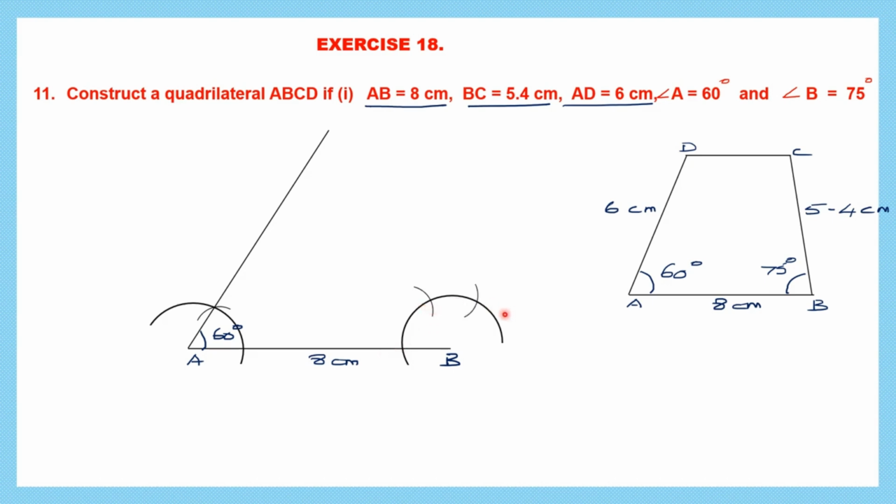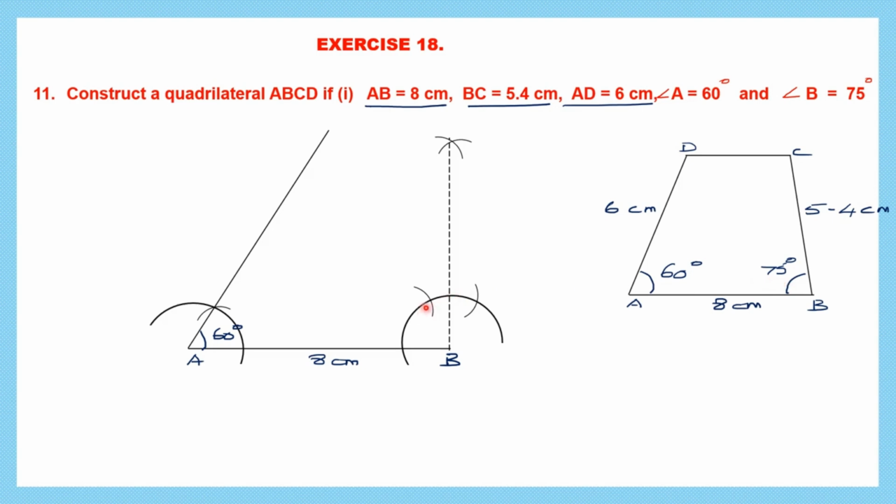From there, we need to cut another arc. So this is 60, this is 120. We need to get 90 degrees first. So here we have an arc by placing it at this point. Then we place it at this point and cut the arc. Now this is 90 degrees. So we can draw a dotted line because that is not what is needed. So this is 90 degrees, but we need to get 75.